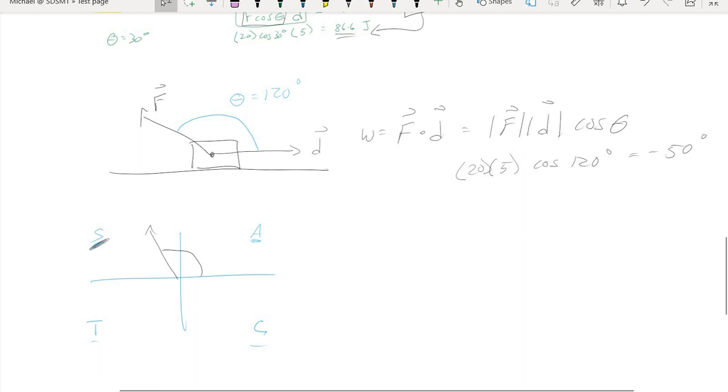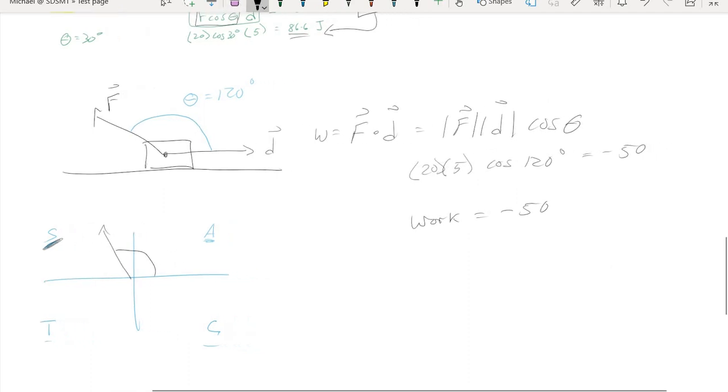What does that mean? Well, work is the change in energy. Sorry, that should be 50 joules. Work is a change in energy. Well, this says that the energy is dropping. The energy is being reduced.